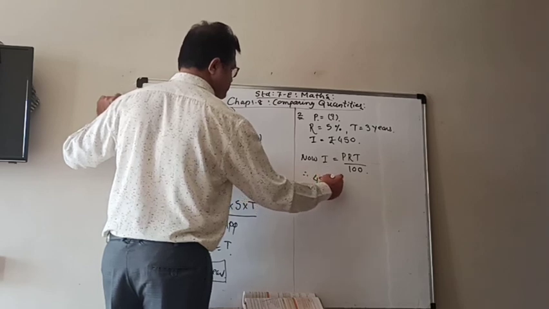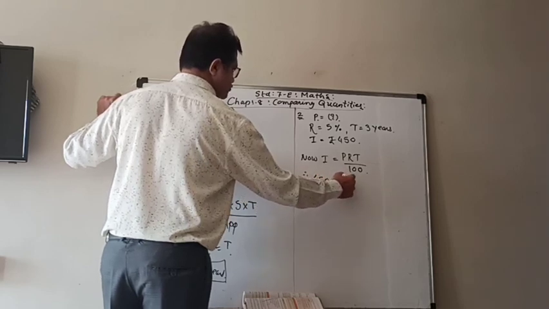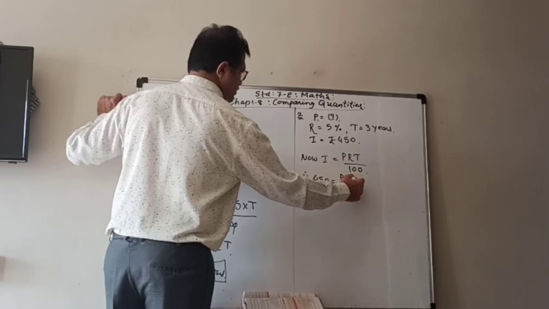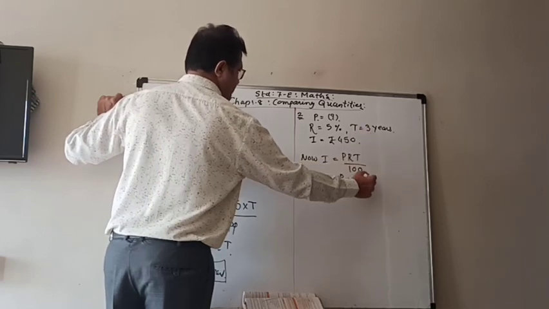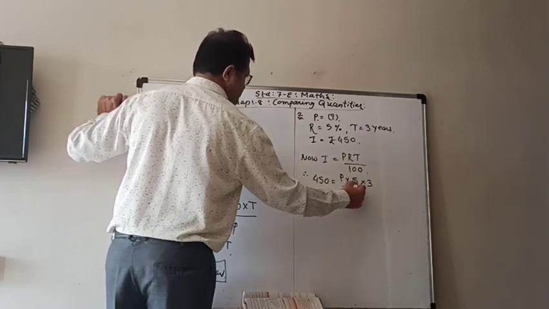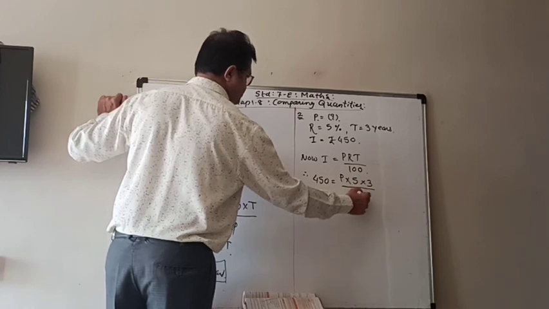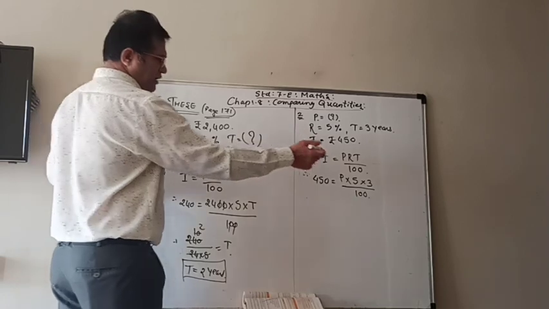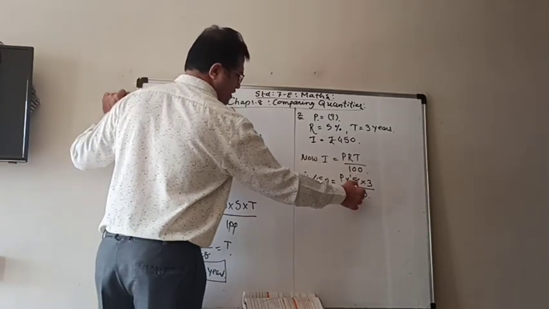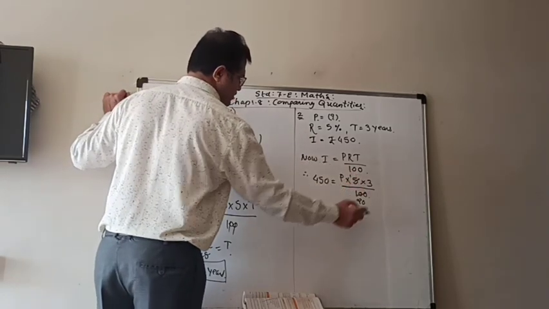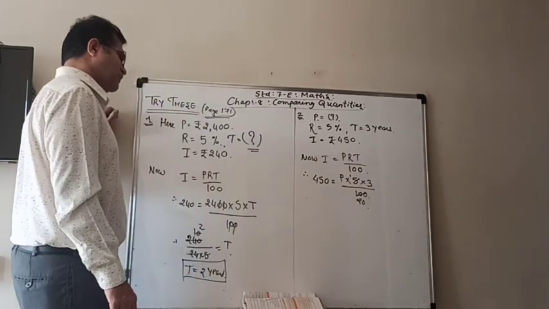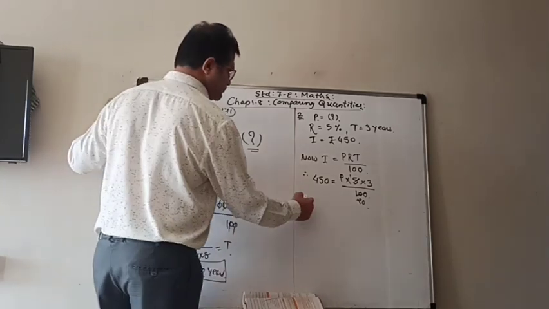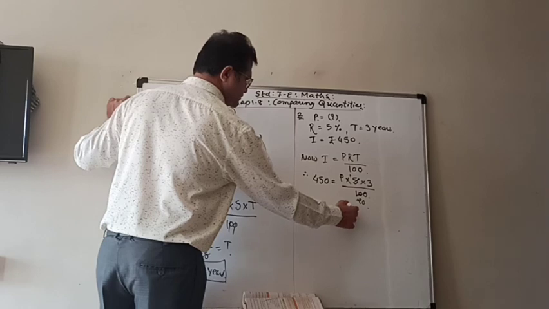So 450 is equal to P, which we have to find, R is 5% and T is equal to 3, upon 100. With cancellation, we can write here 5 ones are 5, 20s are 25 is 100 and 1 5 is 5. So now we will keep P on that side.